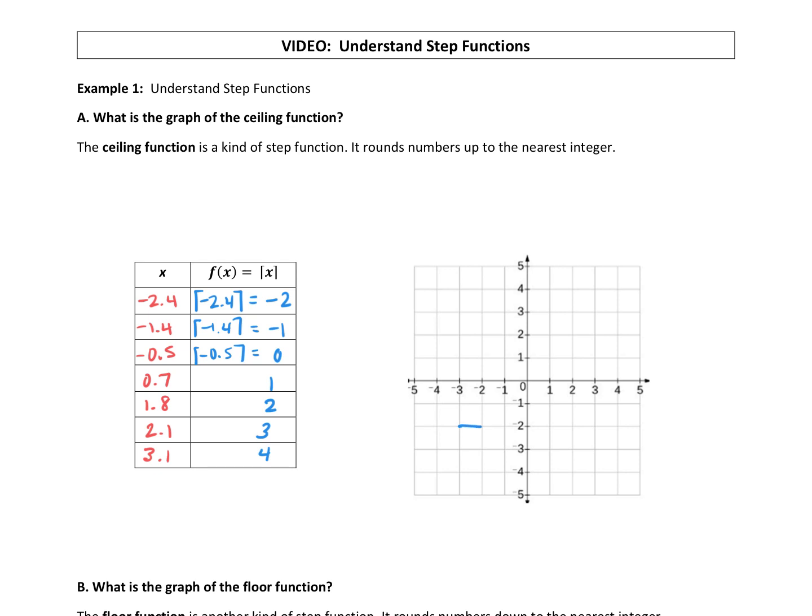When x is a negative 1.4, which is right here, we apply the ceiling function, and we're at a negative 1. So it's going to be that whole step right there. And this pattern just continues. So we're going to fill in the steps of our step function. I'm going to fill in the last two on the other side.